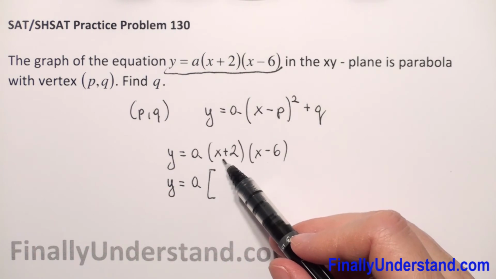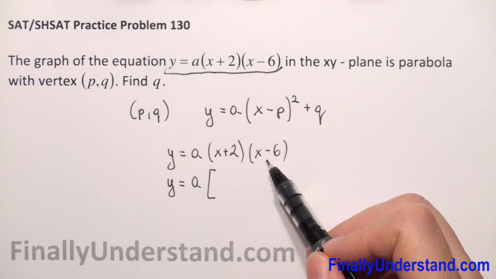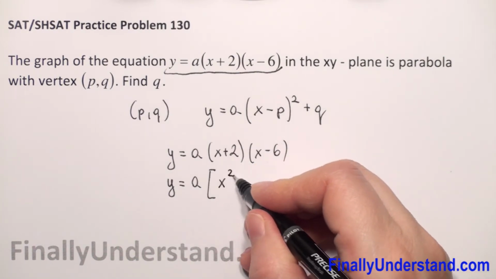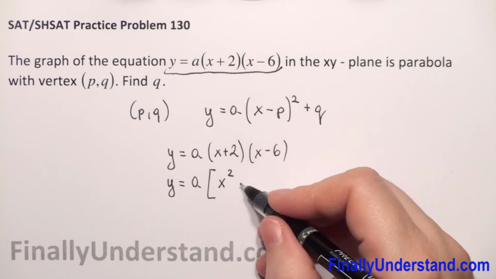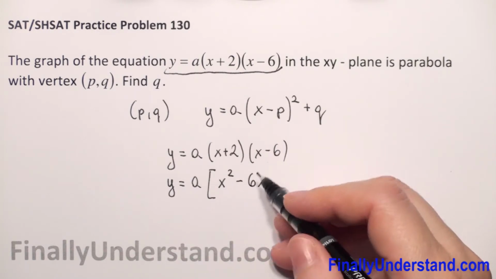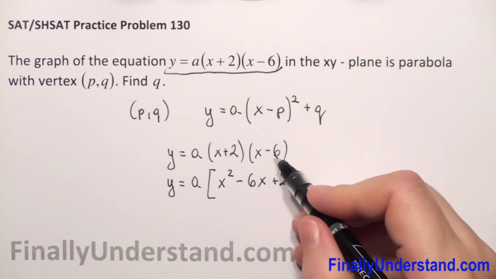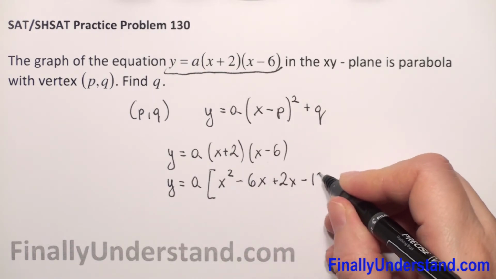Every expression from the first parenthesis I have to multiply by every expression in the second parenthesis. So we have x times x is x squared. x times negative 6 is negative 6x. 2 times x is 2x. 2 times negative 6 is negative 12.